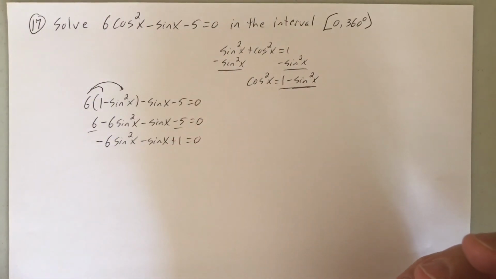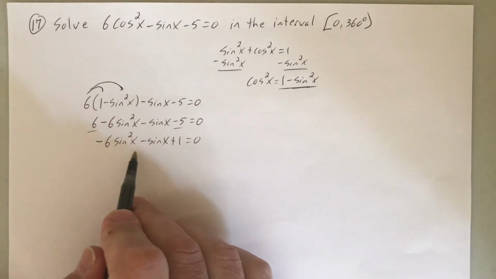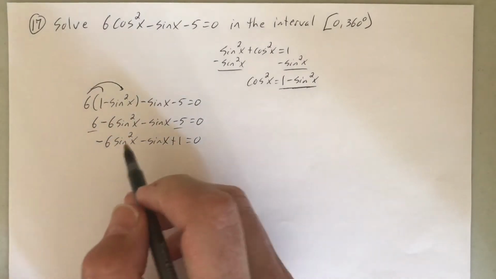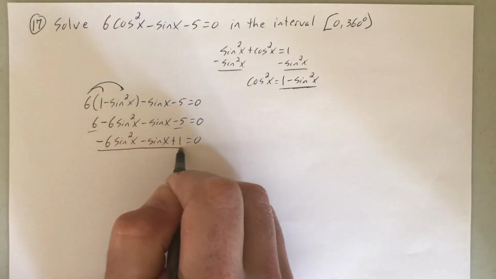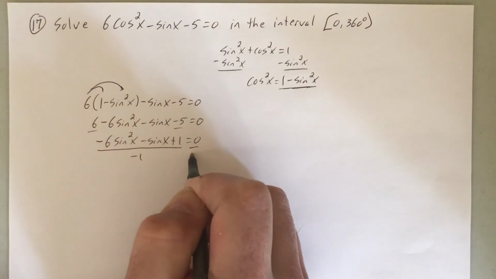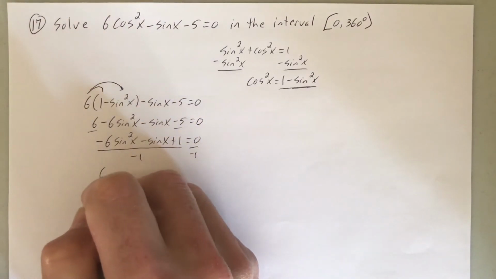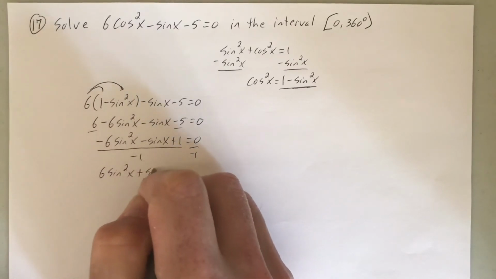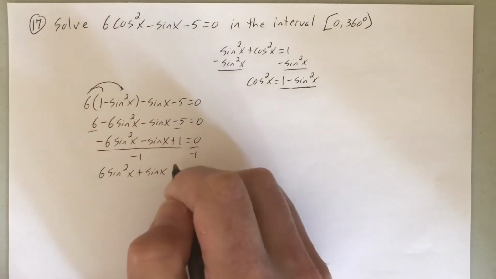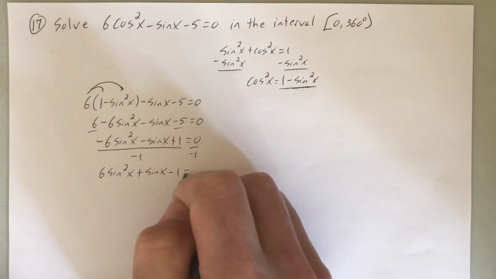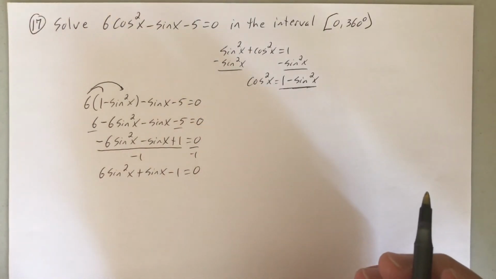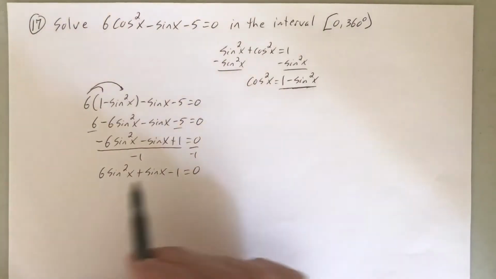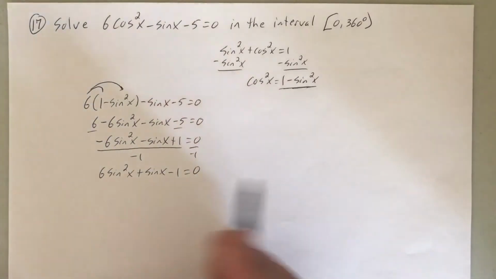And just like we did in number 16, we don't want to factor with a leading coefficient that's negative. So I'm just going to divide both sides by -1. And that's going to give me 6 sine squared x plus sine x minus 1 is equal to 0. So now at this point, you could either factor right from here or do your substitution.